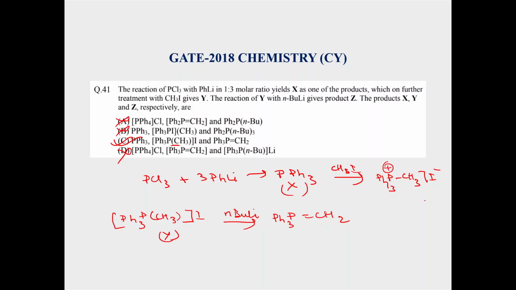And with primary halides, the reaction goes the best. So for this question, number 41 from the GATE 2018 paper, the correct option will be option C. X is PPh3, Y is PPh3CH3 I, and Z is PPh3=CH2. That is the ylide.